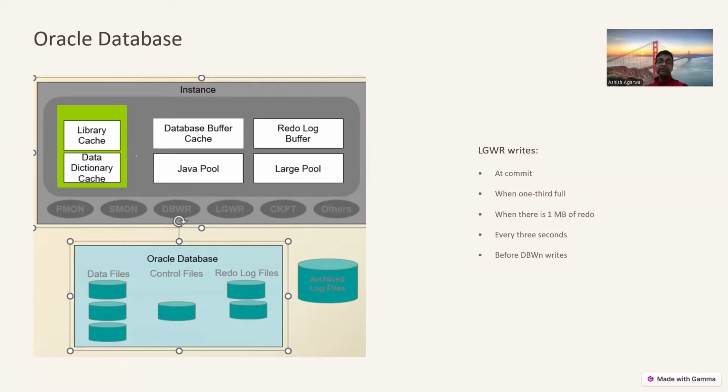In case of Oracle, we call it redo logs, or the backup of redo logs, which are called archive logs. In case of non-Oracle databases like SQL Server, DB2, or MySQL, these are called transaction logs.